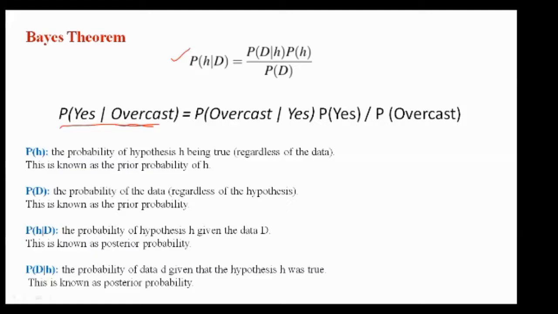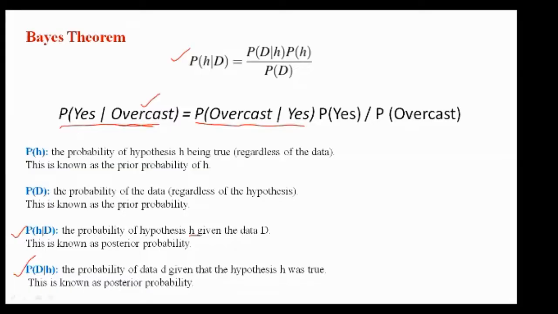So probability of S over overcast. We are going to find the probability of hypothesis H, here assuming the output as S, given the data D. We are finding only for overcast. That is equal to P of overcast given S, that is called the likelihood. This is P of D given H, the probability of data D given that hypothesis H was true.